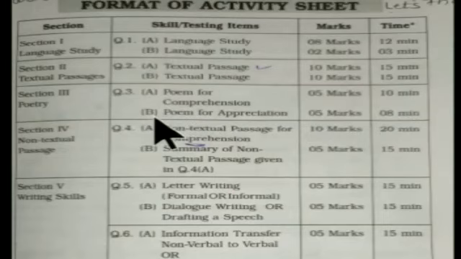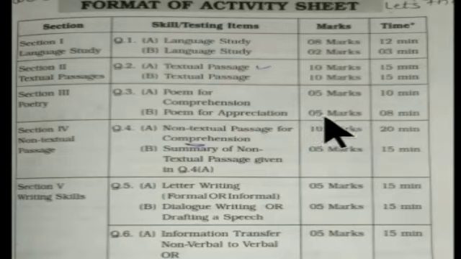Question number 3B, poem for appreciation. In this question you have to write 5 points: title, poet, rhyme scheme, figure of speech, and central idea of the poem. Each point is for 1 mark and the central idea is for 2 marks.